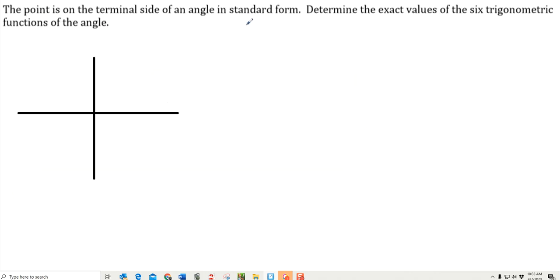So let's go ahead and take a look at this. Let's pick something in quadrant 4. Let's say -2, -3. Sounds like a good one right there. So I'm going to do -2 and -3. So here's my point right here.